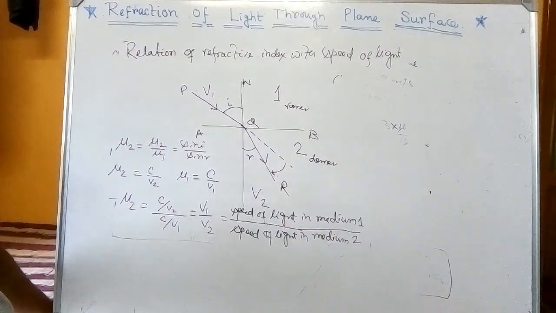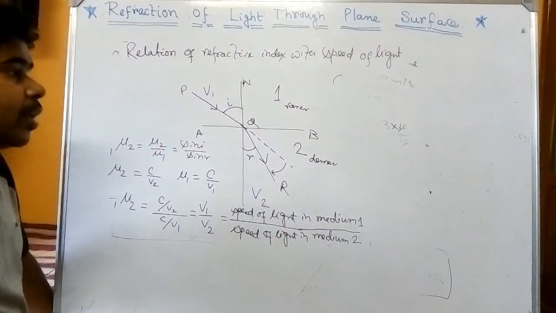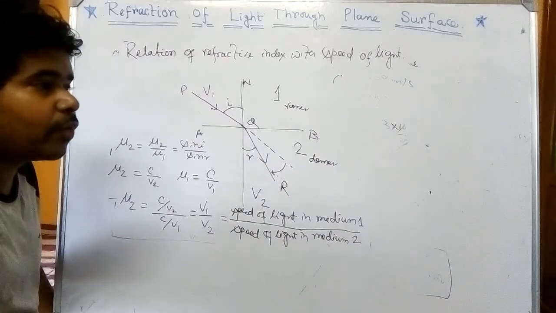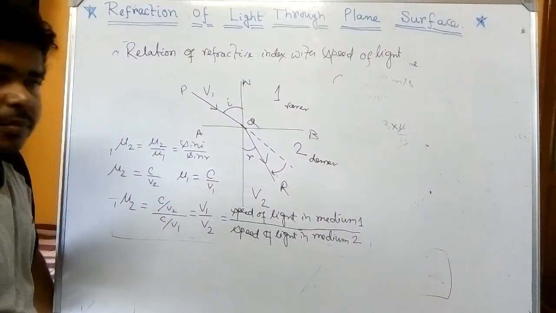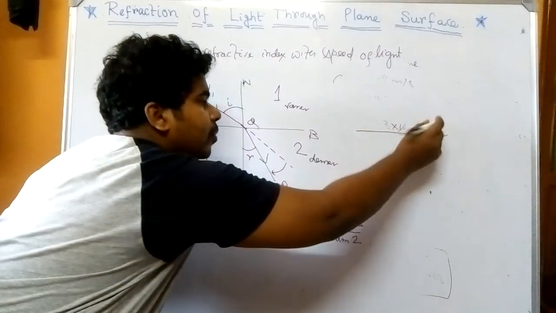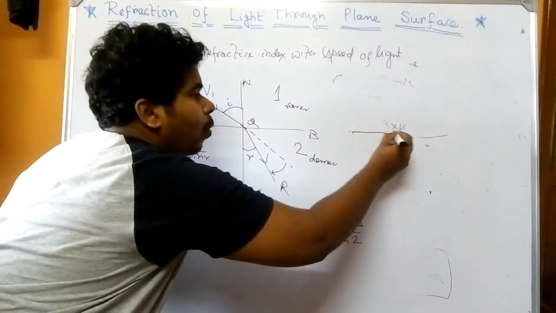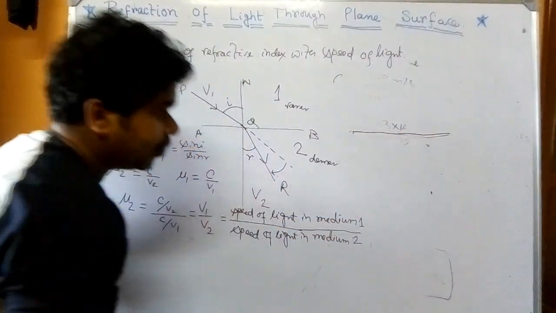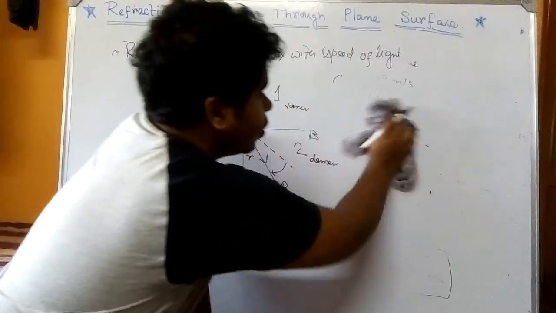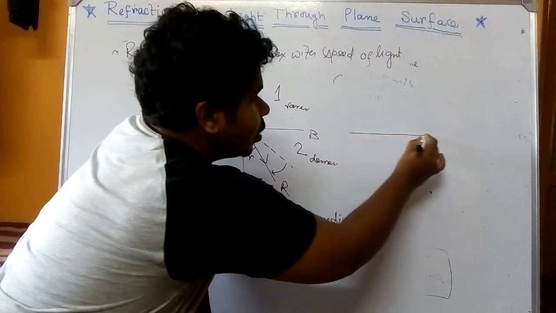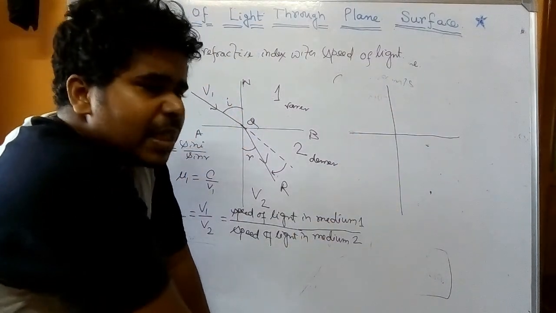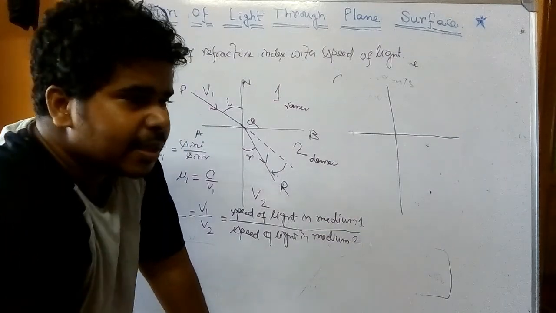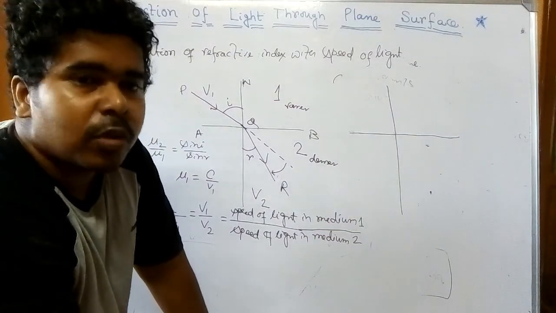Okay, let's see an example. Assume the light ray is coming from glass to water. Comparatively, glass is a little denser than water.